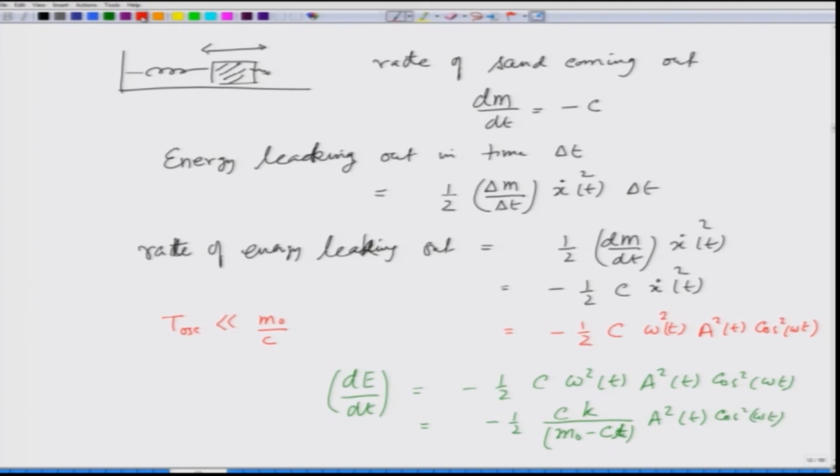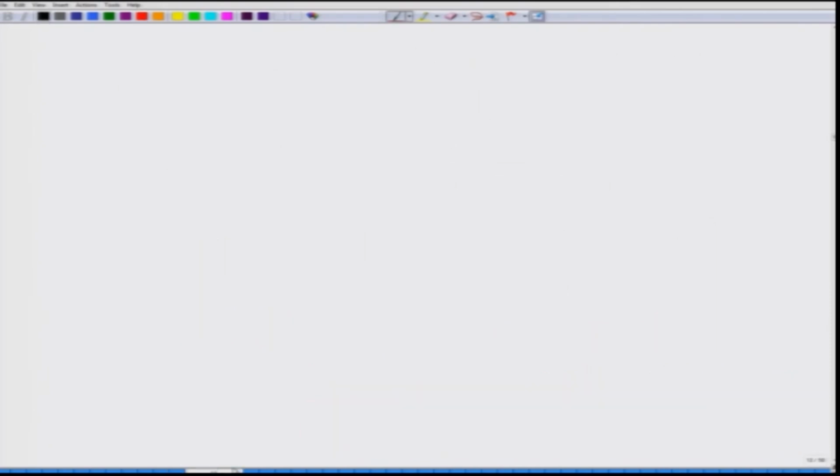This is my equation for loss of energy at any given time. Let me write this again. So, I have energy loss is equal to minus a half c k over m naught minus c t a square t cosine square omega t.